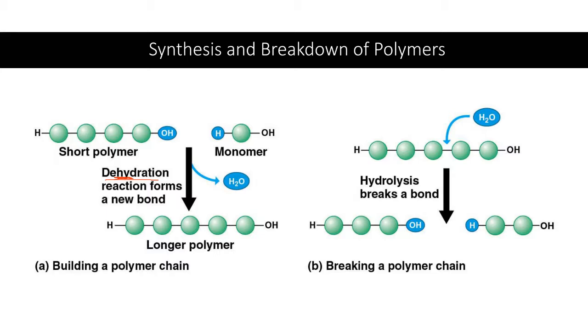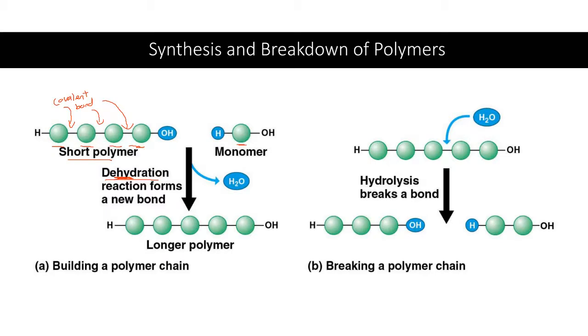So this is a short polymer, a short chain. We can see this polymer is made of 4 subunits: 1, 2, 3, 4. They're all together. This is a covalent bond, and so is this. Now I want to stick this other monomer onto this short polymer.